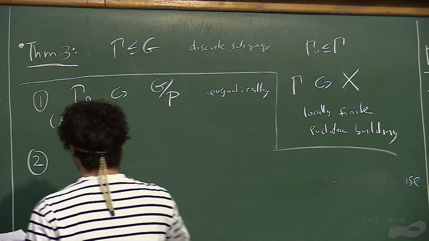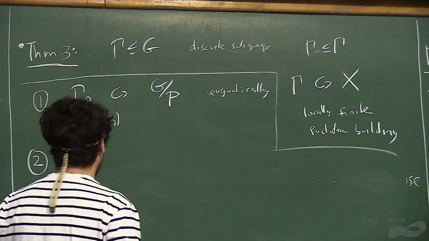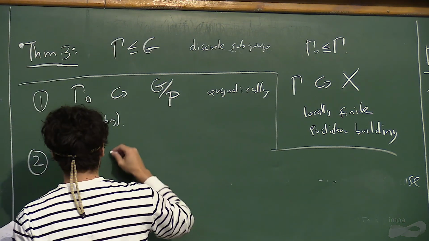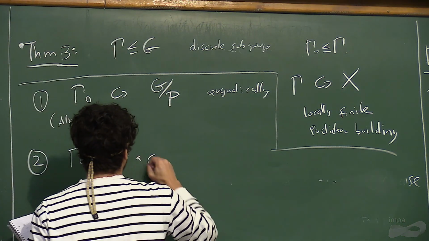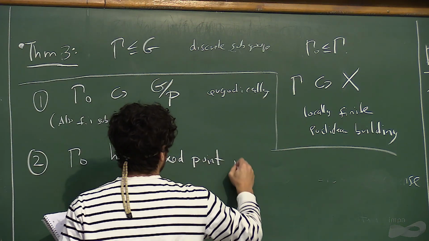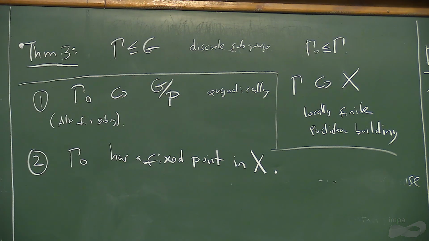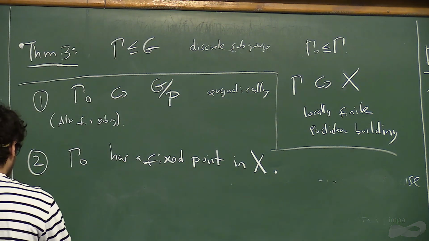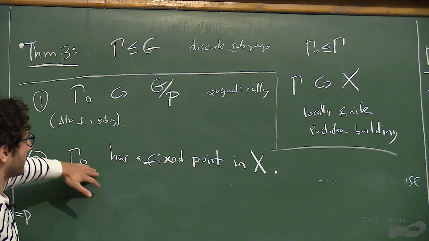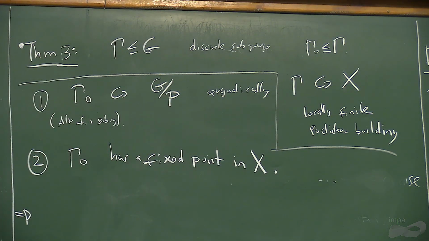And suppose gamma 0 has a fixed point in X. Then the conclusion I would like to get is that gamma itself has a fixed point in this building.